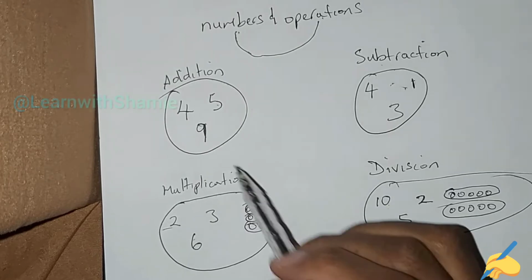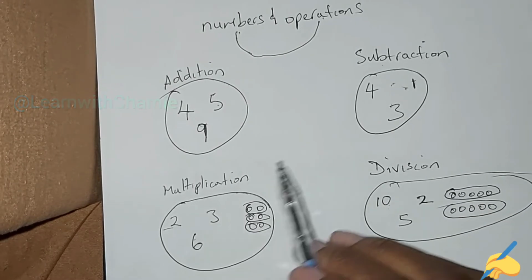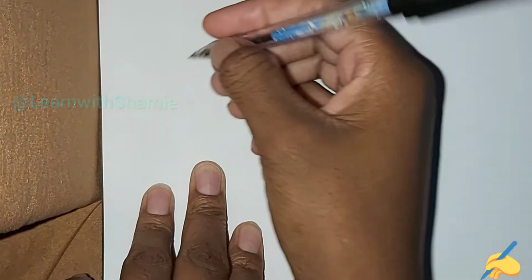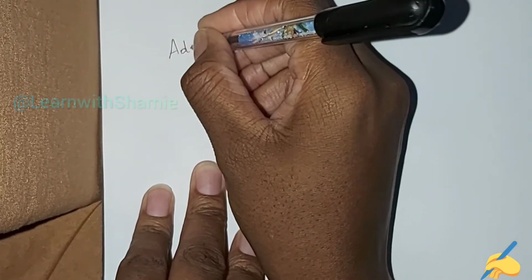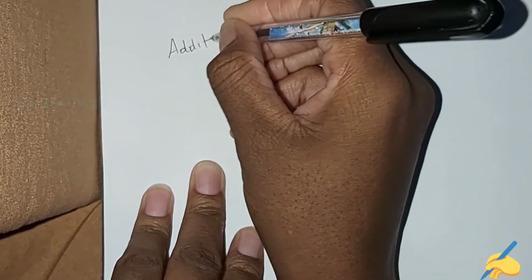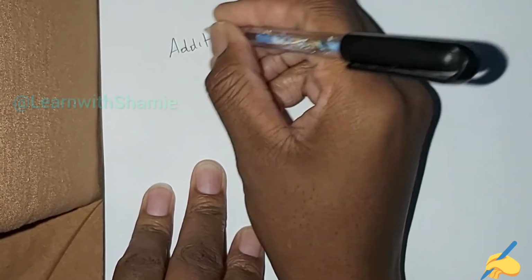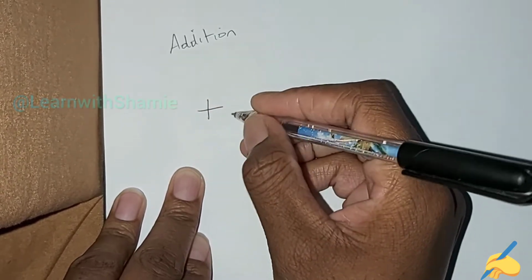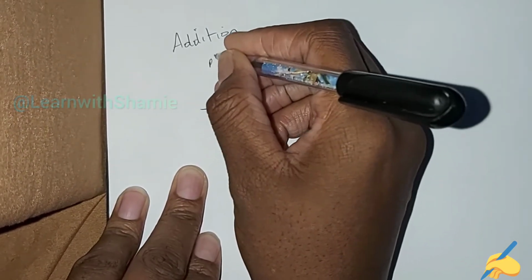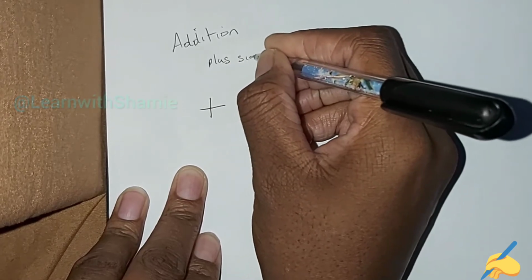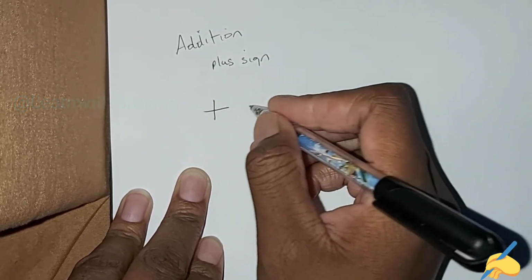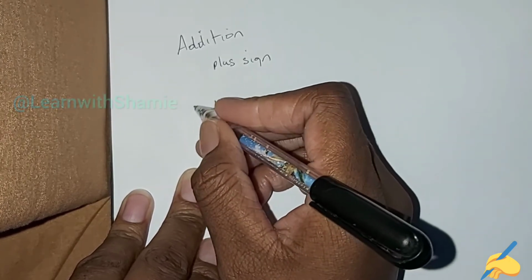Now, each of these operations has their own signs. For the addition operation, we use the plus sign. So it tells you to combine two numbers together.